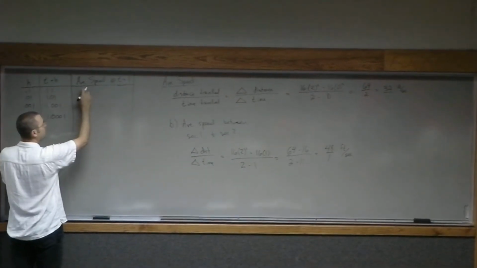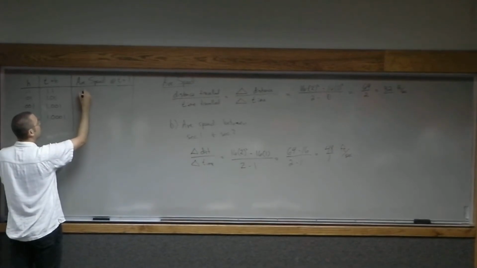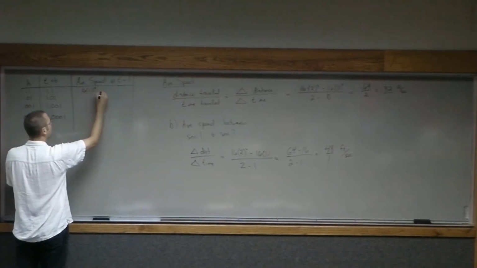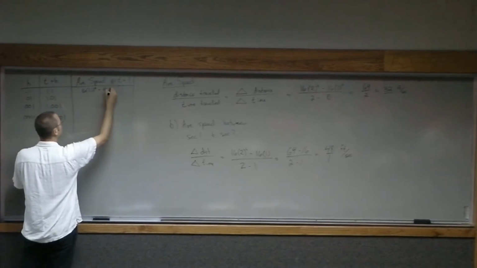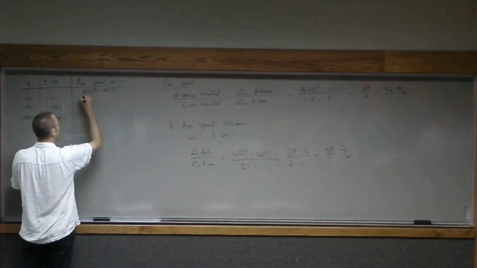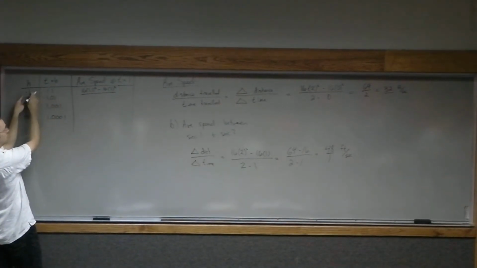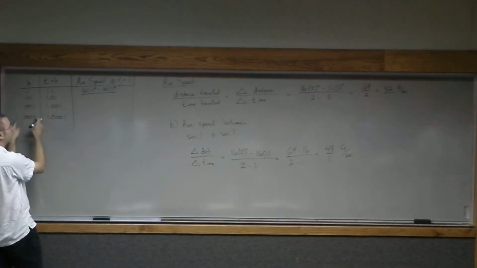So in this instance, I'm going to take my 16 times 1.1 squared minus 16 times 1 squared. Divide that now by my change in time. My change in time is just the h value here, 0.1.